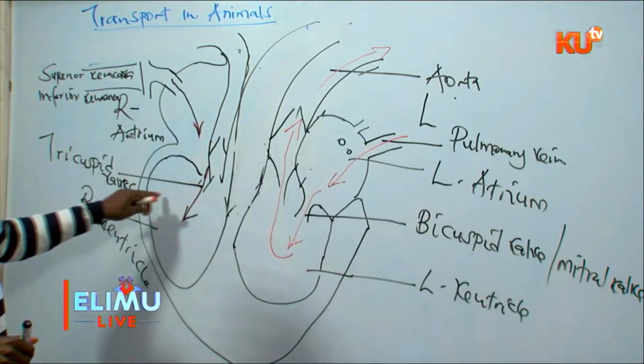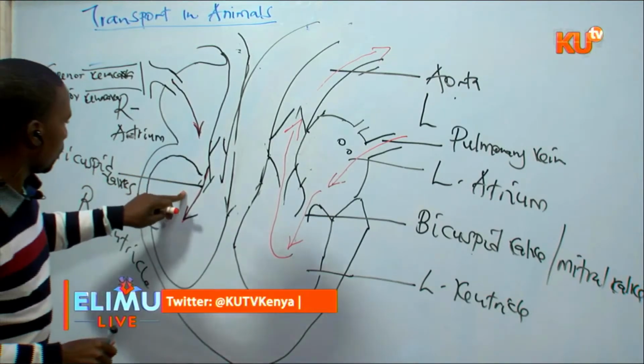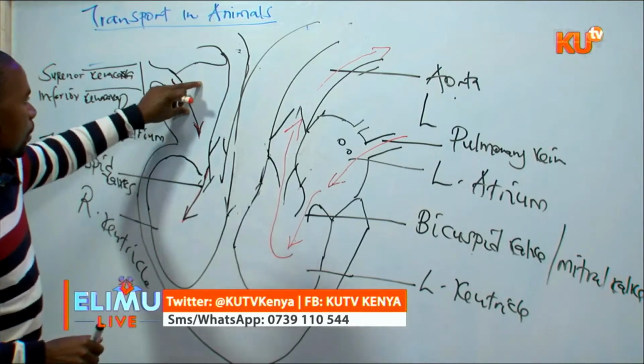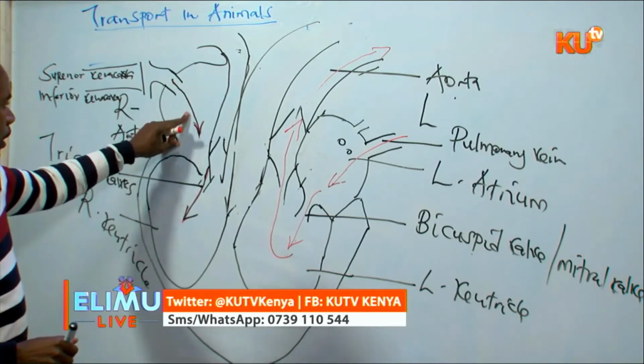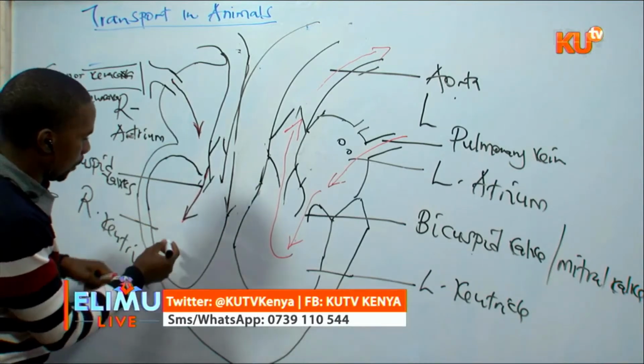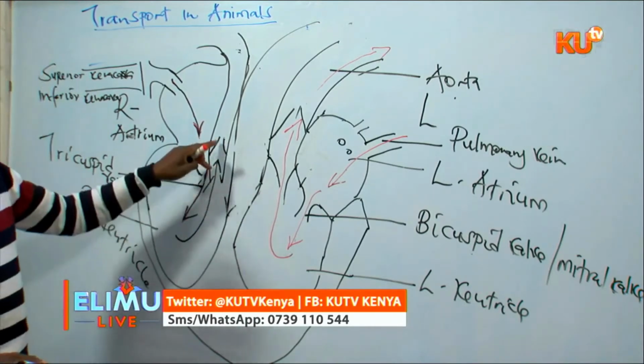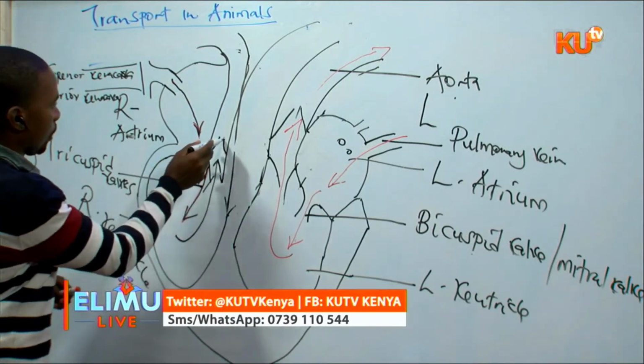So what we are talking about here is that the tricuspid valves will open when the pressure inside the right atrium is high, so that the blood can come into the right ventricle. As blood arrives here, it is going to be pushed out of the heart into these valves.